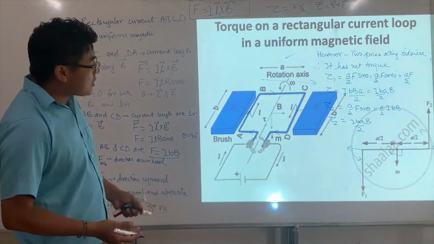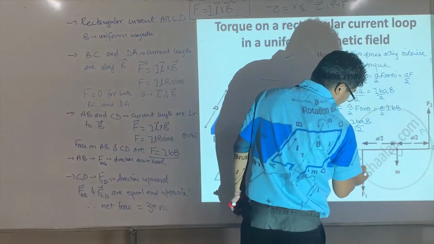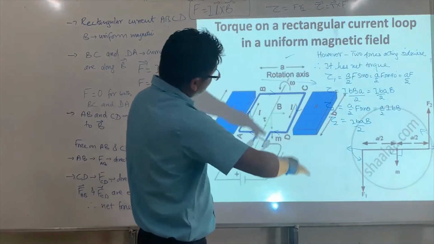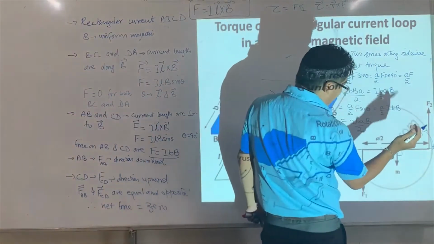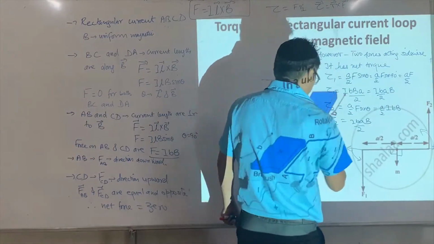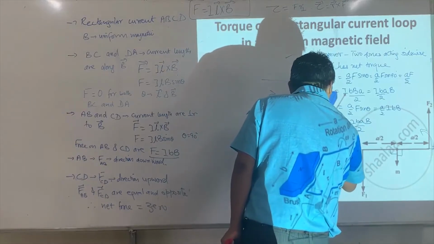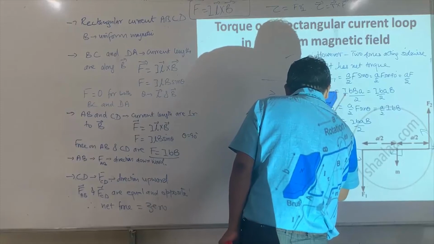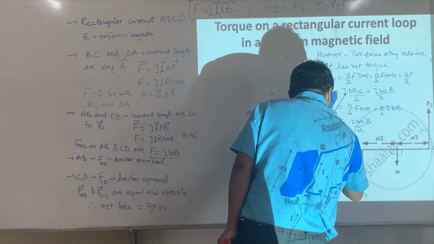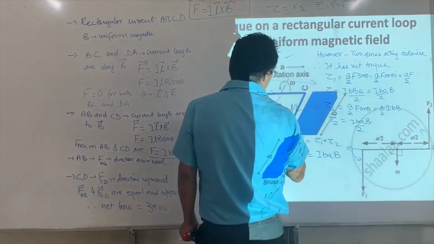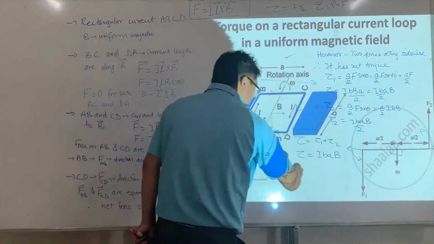So now these two torques are in the same direction. Look at here, you see the direction, right? You see this is rotating anti-clockwise. So the direction of torque is outward, right? So the total torque is going to be torque 1 plus torque 2. So therefore, this is going to be I B into A. What is B into A? B into A is going to be the area of this rectangular current loop, right?